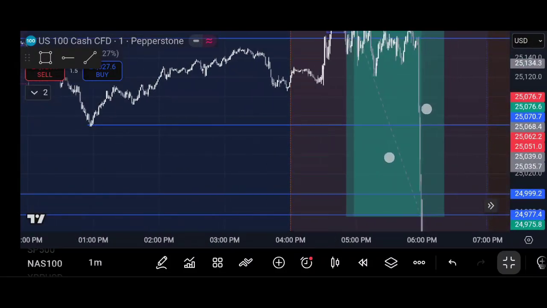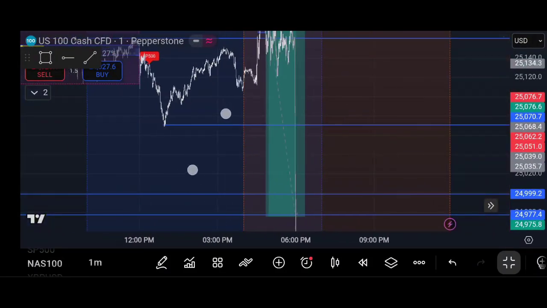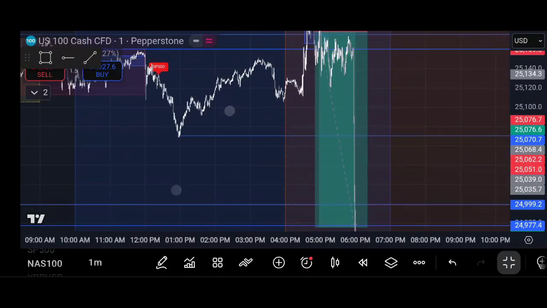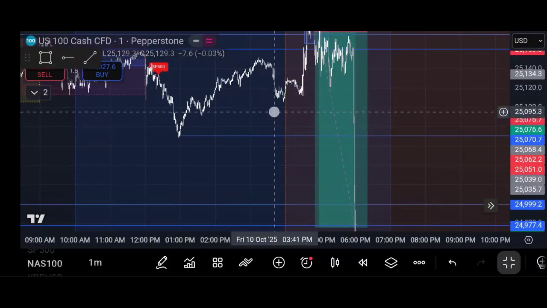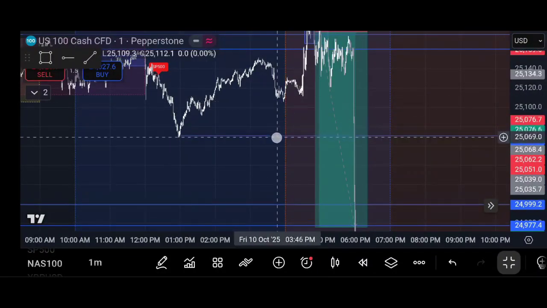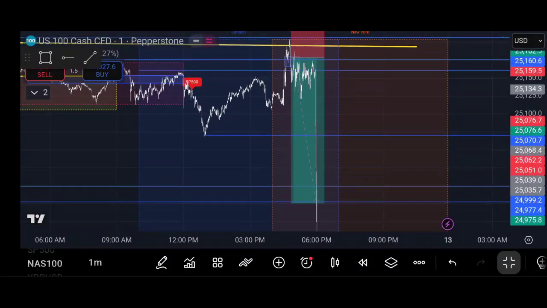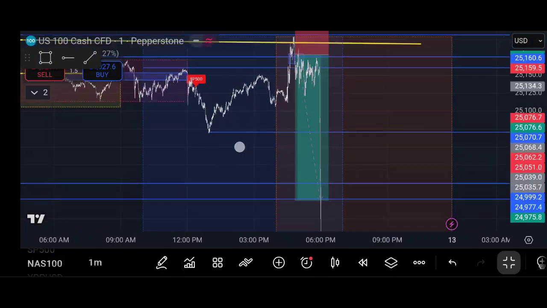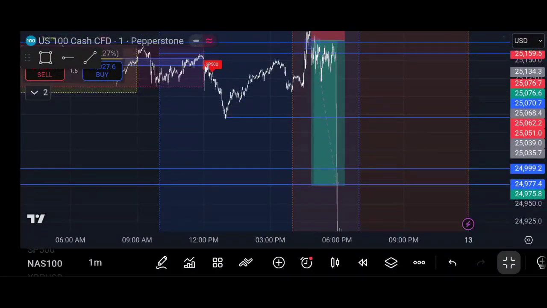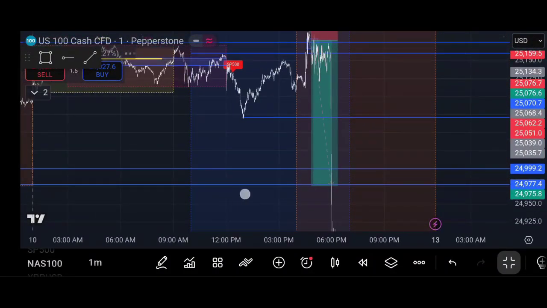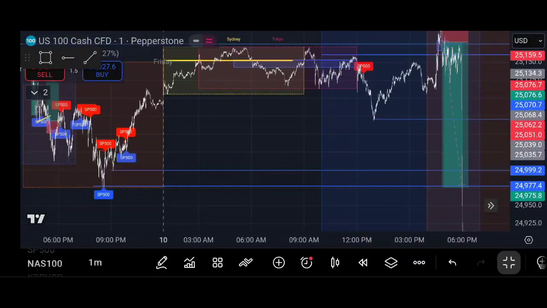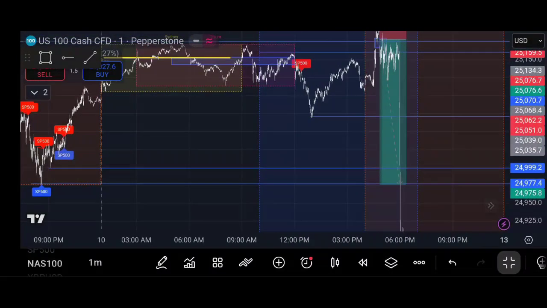How I kept my TPs: TP1 is the Asian low, the draws on liquidity that happened in the London session. So this is the Asian low, this is the London session. I kept TP1 on my London session because I was sure it was going to bounce back to that. My TP2 is these draws on liquidity which I got from the previous day's New York session lows.